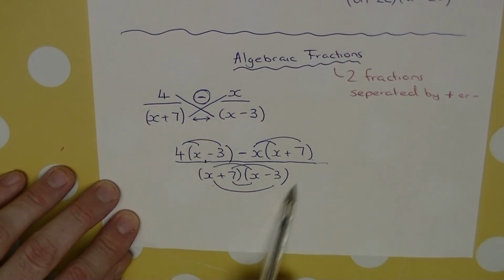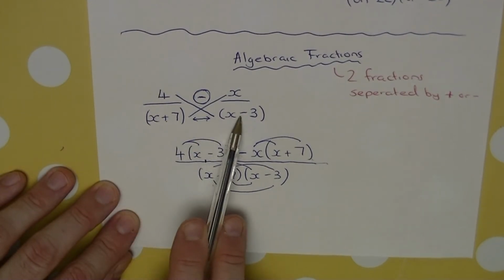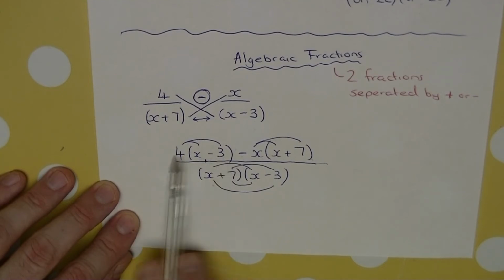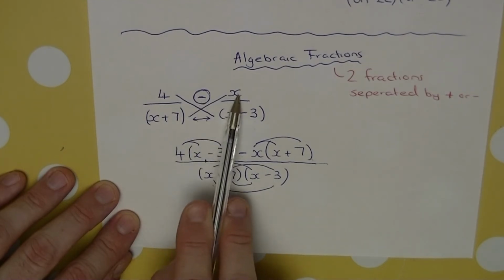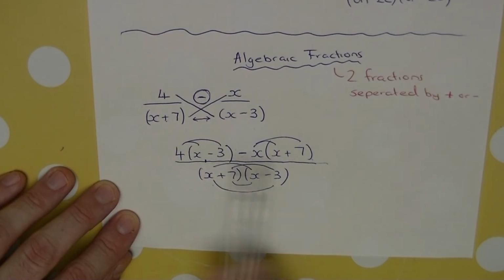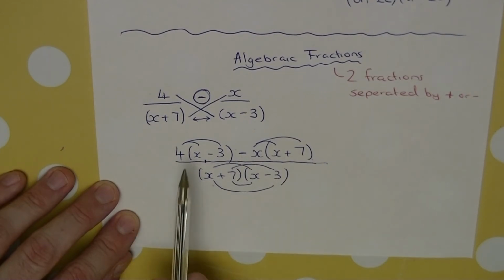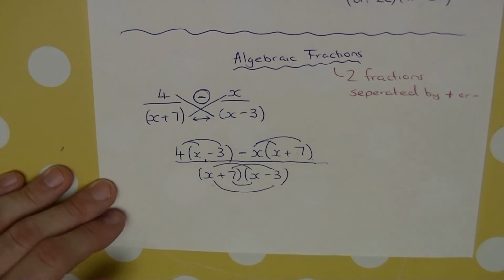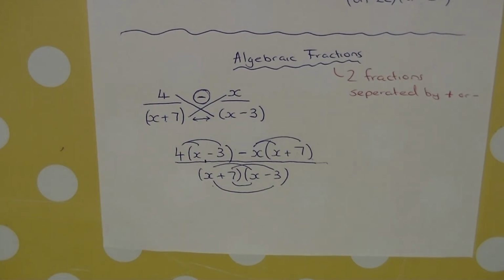Okay, what does that look like then when I write it out? 4 times that, if it isn't in a bracket, put it in a bracket, okay? There. Minus x times that, put that in a bracket again, over that times that. You've got a single bracket, another single bracket, and then a double bracket to expand. Simplify as much as you can. Job done. Okay?